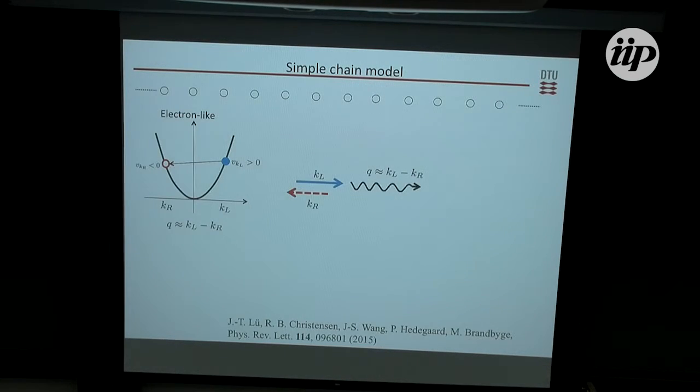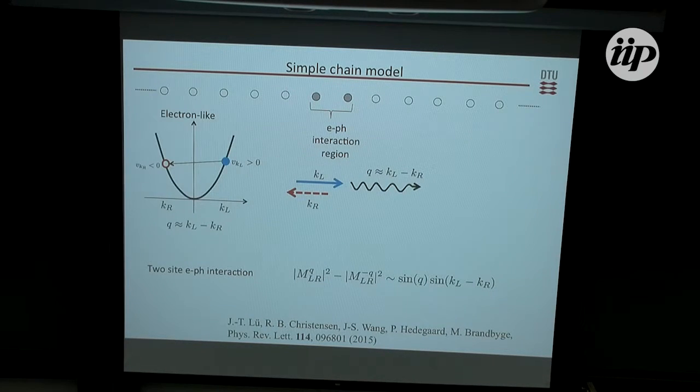So what is the simple explanation? And it is actually quite simple. So if you have a tight binding chain for the electrons, and you have just nearest neighbor springs for the phonons, and then let's say this is our system region where we include the electron-phonon coupling.